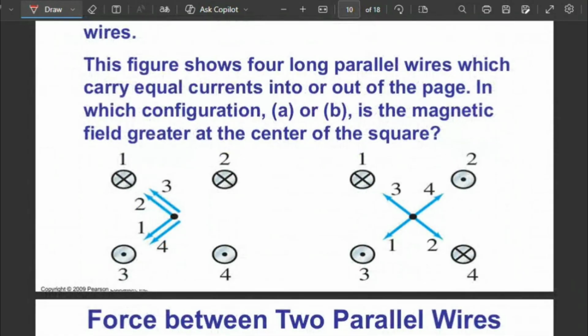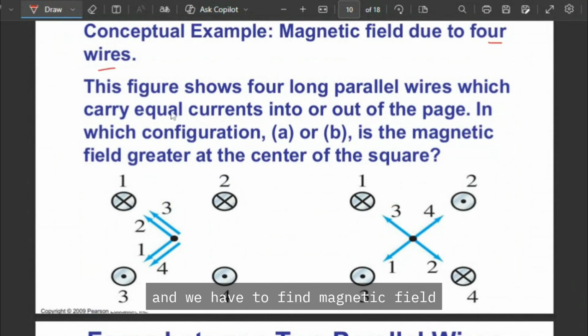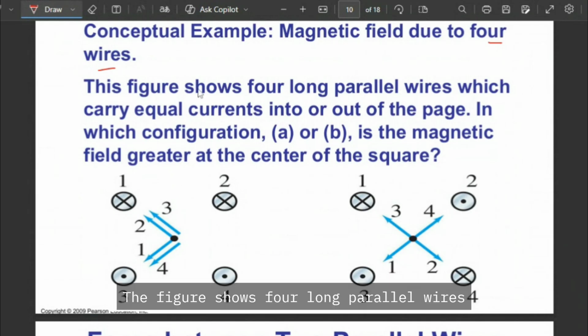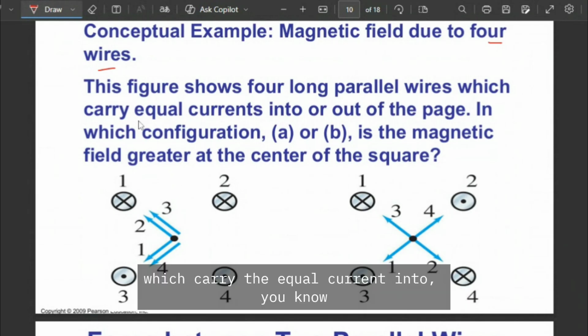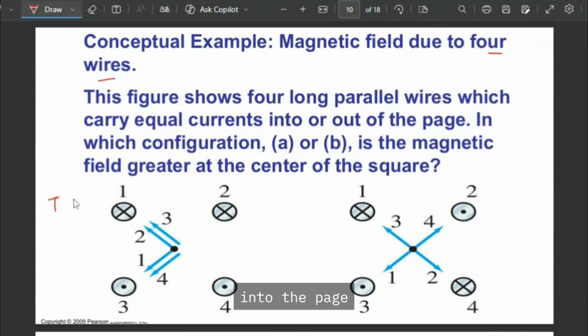Let's do this one. So this is the magnetic field due to 4 wires. If there are 4 wires and we have to find magnetic field, how can we say this? The question says the figure shows 4 long parallel wires which carry equal current into or out of the page. So cross means into the page, so the wire must be going into the screen, and dot means out of the page.